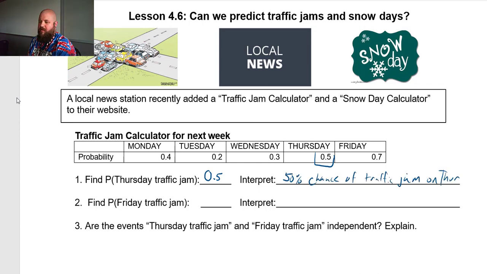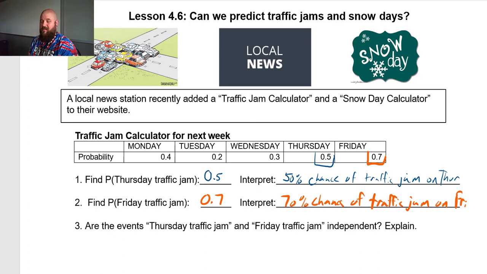All right, so the probability of a Friday traffic jam. Well, it gives us that probability of 0.7. And interpreting that, we have a 70% chance of a traffic jam on Friday. Are the events Thursday traffic jam and Friday traffic jam independent, and it wants us to explain?